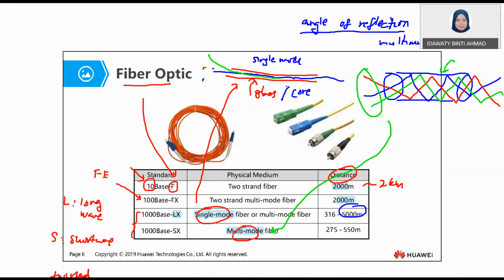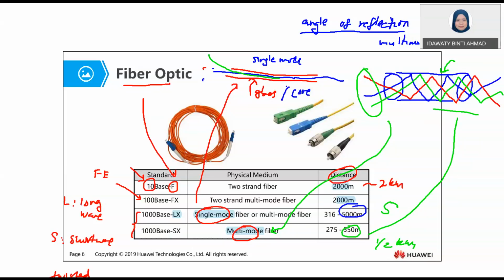But if the light goes through the multi-mode here, it goes up and down, so it cannot go very far. The most you can go for multi-mode is 550 meters, which is half a kilometer. So you can compare: when you use single mode, you can go until 5 kilometers, but when you use multi-mode, you can only go for 0.5 kilometer, which is half a kilometer.